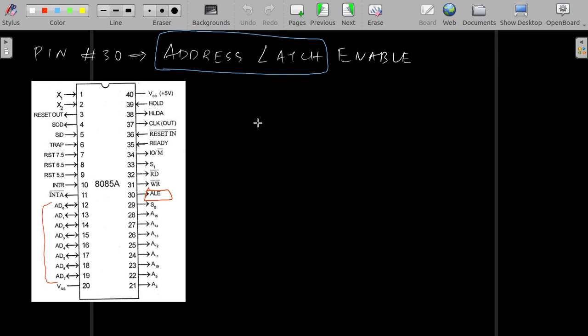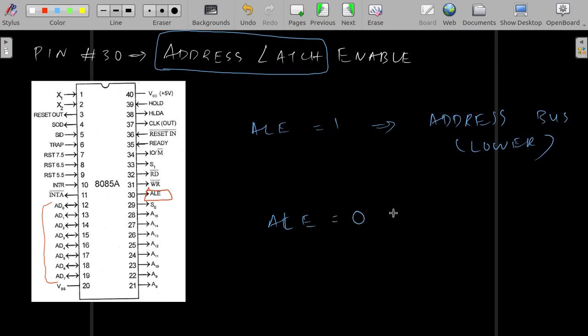That is the address latch enable pin, right? If it is 1, whatever data is there in these pins 12 to 19 is considered to be address, or these pins act as an address bus, again the lower one. And whenever ALE is 0, they act as a data bus.